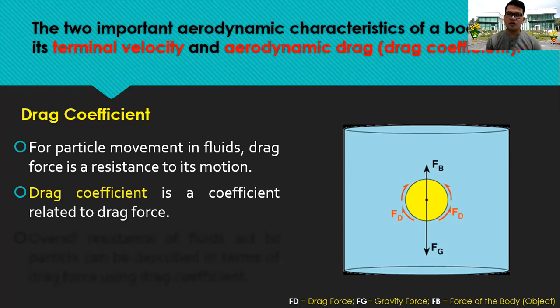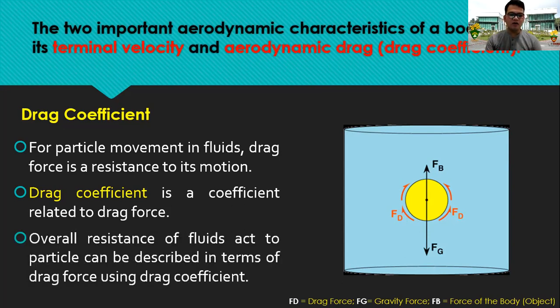Weeks ago, we already discussed the frictional forces. So drag and frictional forces are quite related. When you say drag, it is also a coefficient that will affect the movement of the material being transported or elevated from one place to another.